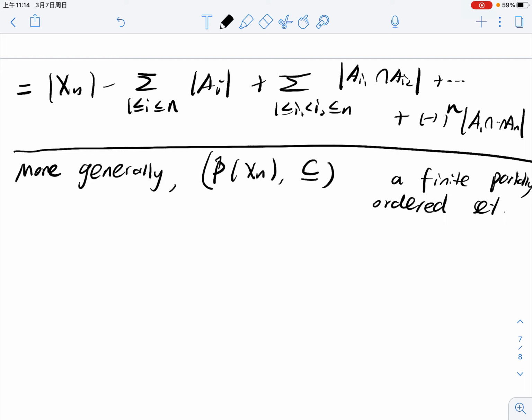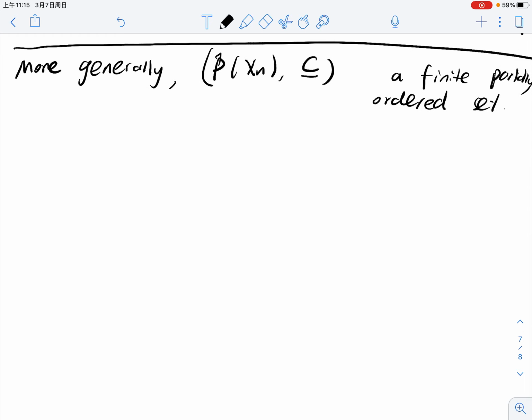This is because although we have the same set X_n and the same set P(X_n), all the subsets of X_n, the partial order could be different. You can assign partial orders on that as soon as it satisfies the required condition. Okay, we would like to generalize this to some kind of inversion formula.